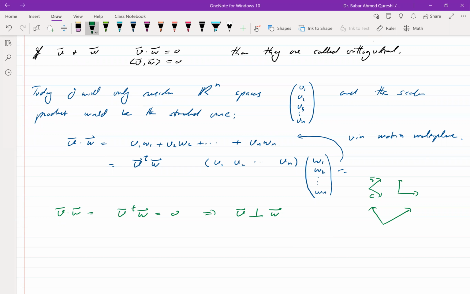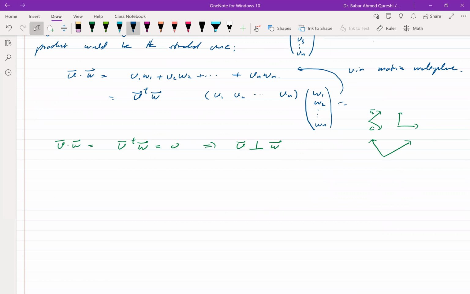Now, what is the idea of orthogonal subspaces? These are two orthogonal vectors. But then what are orthogonal subspaces? Suppose I consider some subspace, and since the best I can do is draw a three-dimensional space, I'll give examples from a three-dimensional vector space.